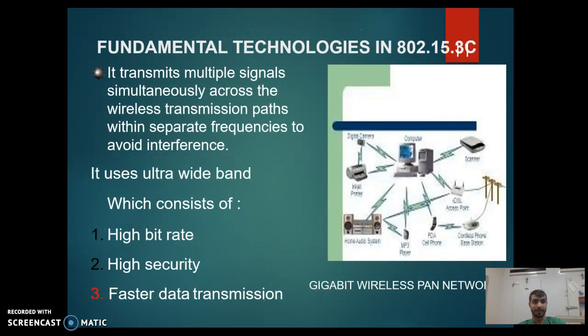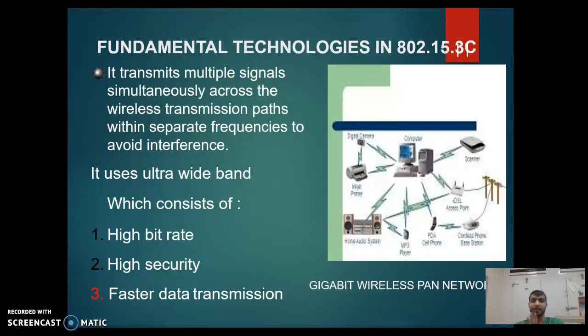Let's talk about the fundamental technology of 802.15.3c. As we can see in the diagram, this gives the description of the IEEE 802.15 standard.